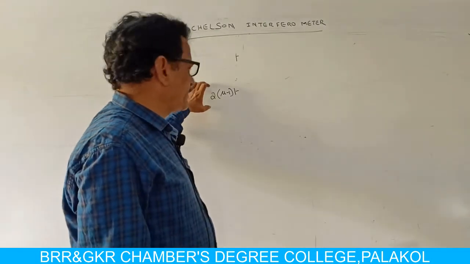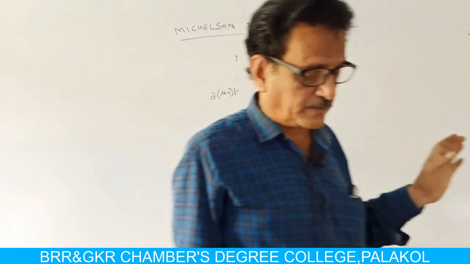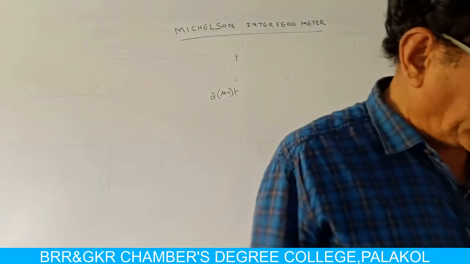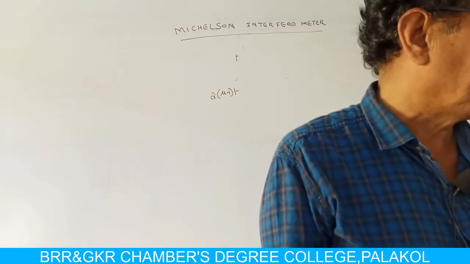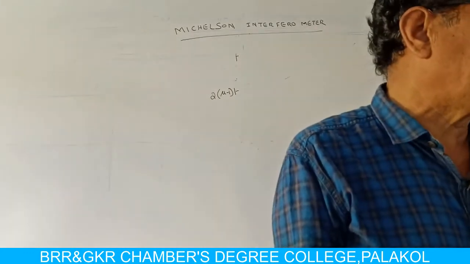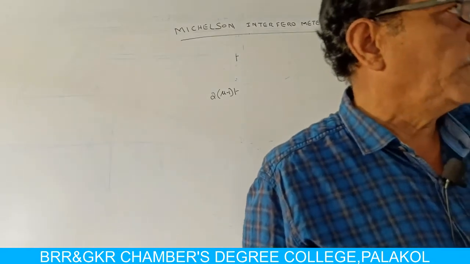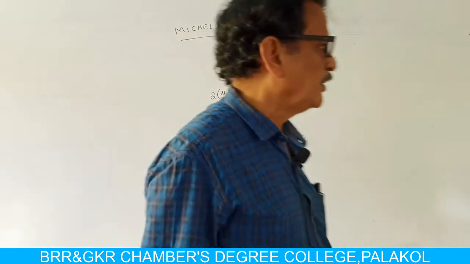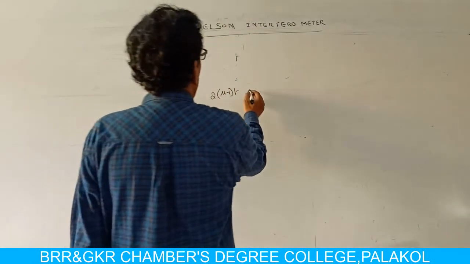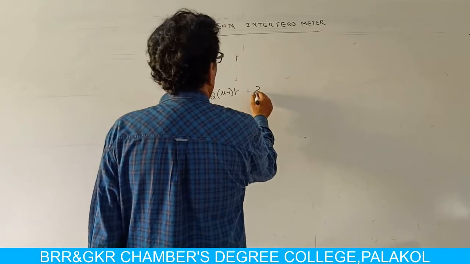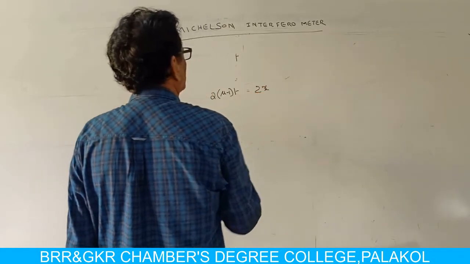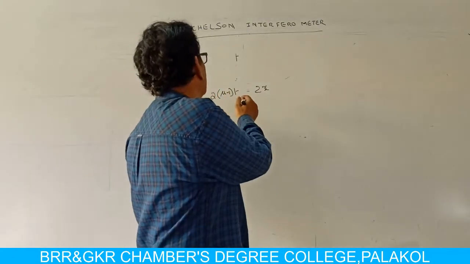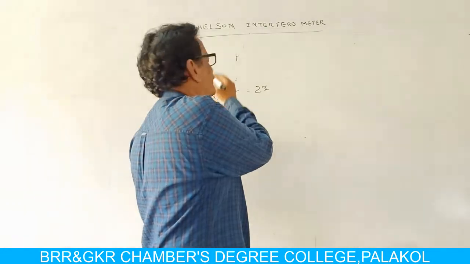So, due to this path difference, the fringe shift is possible. And if this is compensated by moving the mirror M1 through a distance x, then we can write 2 into mu minus 1 into T is equal to 2x. With the help of this equation, we can determine the value of T or mu.